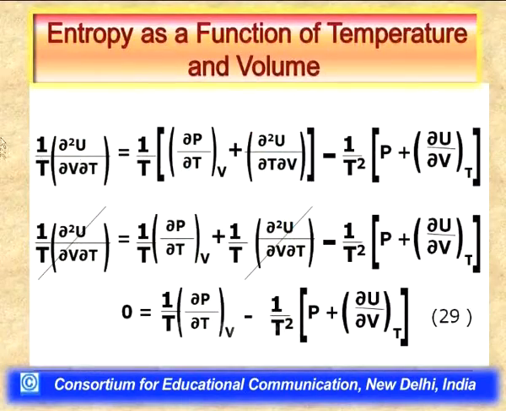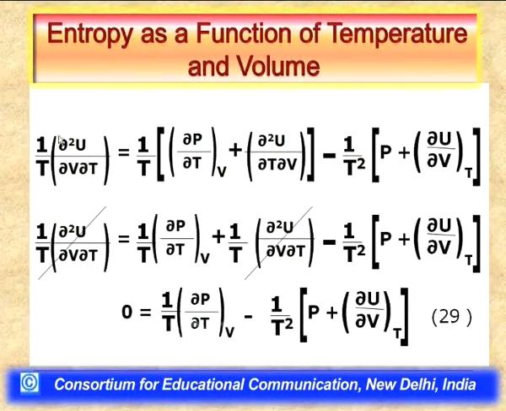It means we can compare the two equations and equate the right hand side of both, because the left hand side is the same, making use of the Euler relation. If we do so, we get this big expression. This is the right hand side of one equation and this is the right hand side of the other equation, and we equate the two.